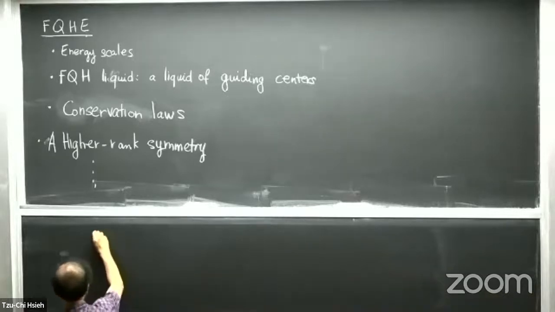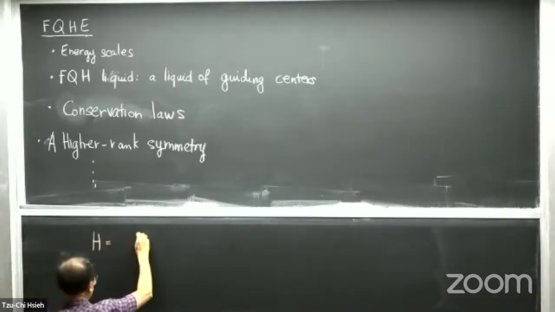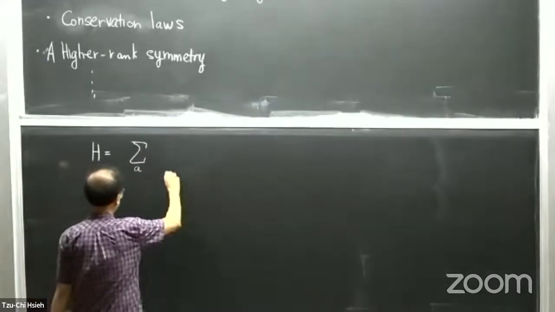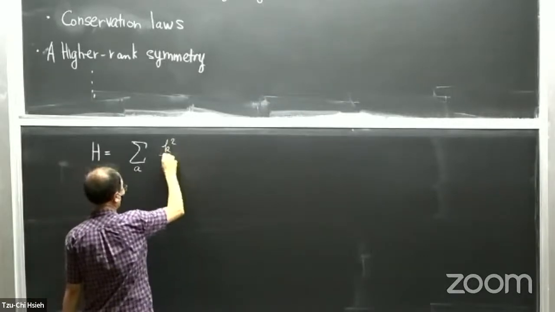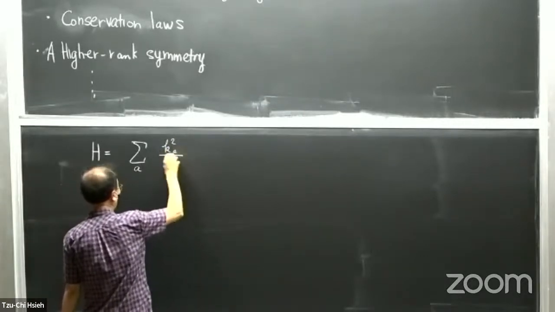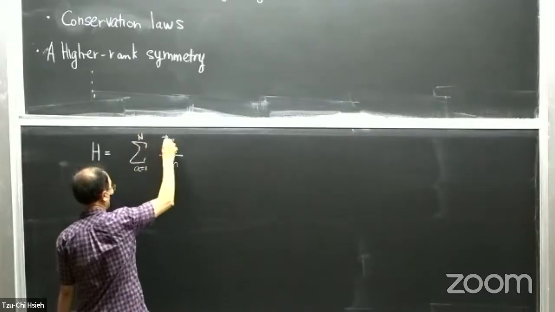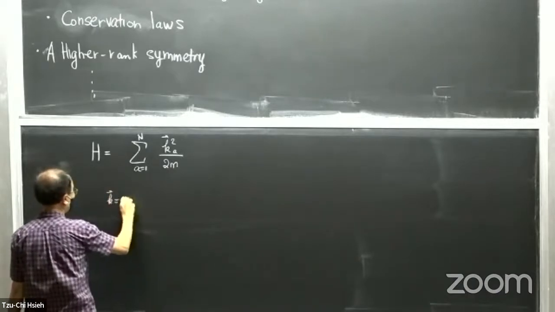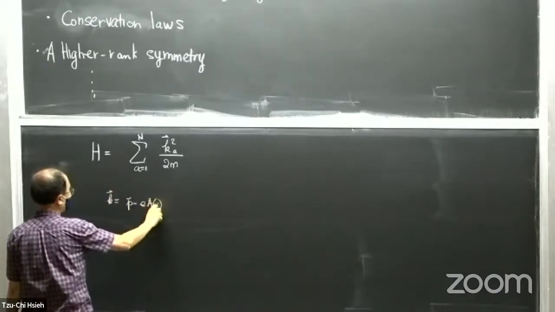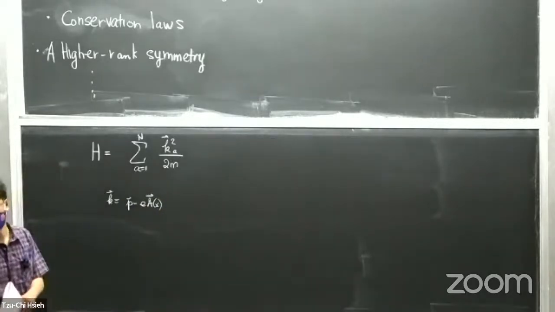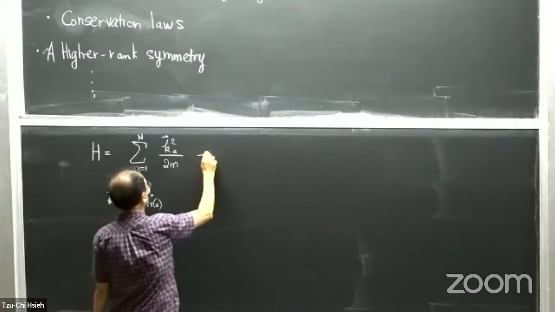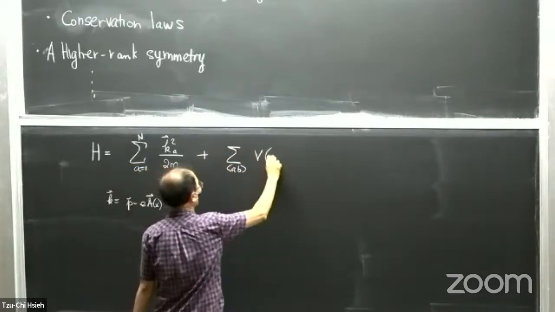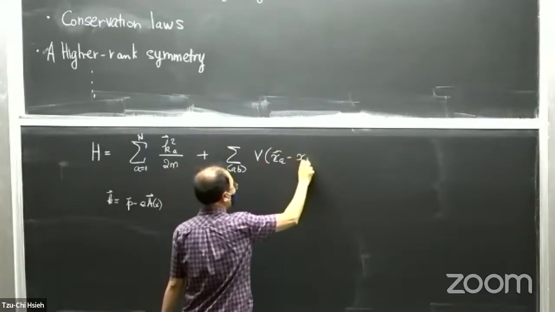Let's start our discussion by writing down the Hamiltonian for the system. So, sum over a of k_a squared over 2m, where a labels the particles from 1 to A, and k is p minus eA, which last time we called the kinematic momentum, plus the potential energy, sum over all pairs of particles, V of x_a minus x_b.